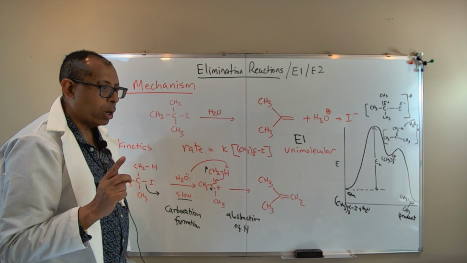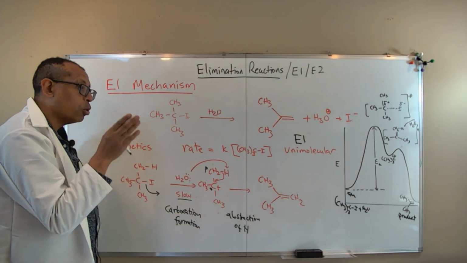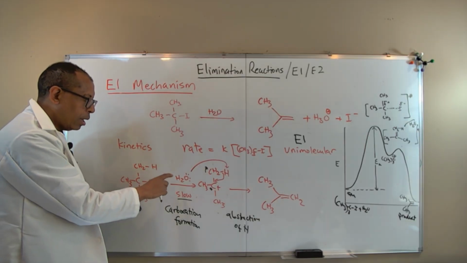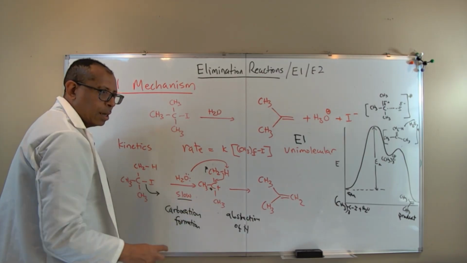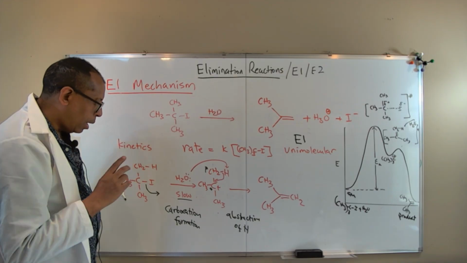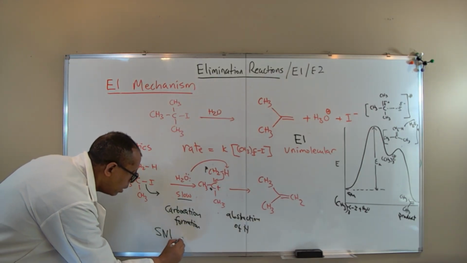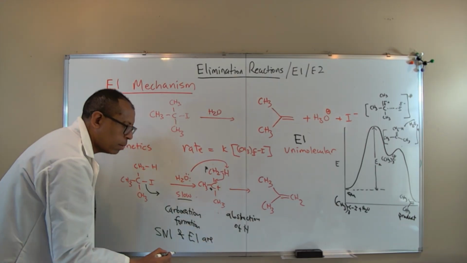At this point, I want to highlight a very important point. You need to go back and remember what an SN1 reaction is. An SN1 reaction is when the water molecule attacks the carbocation. So SN1 and E1 are always competitive reactions.